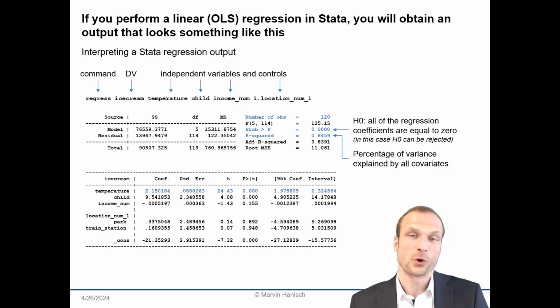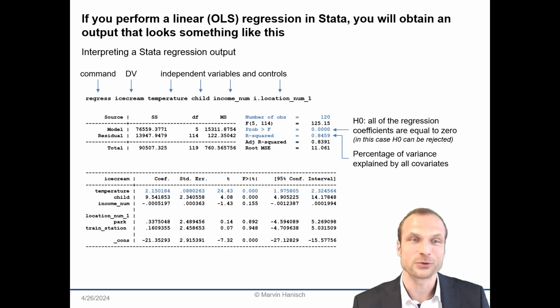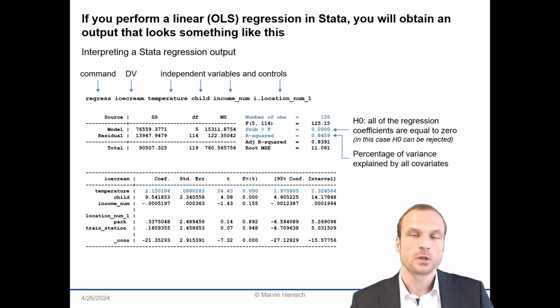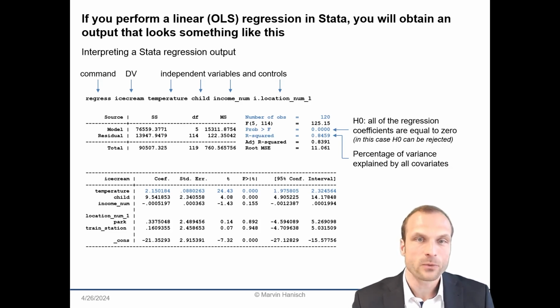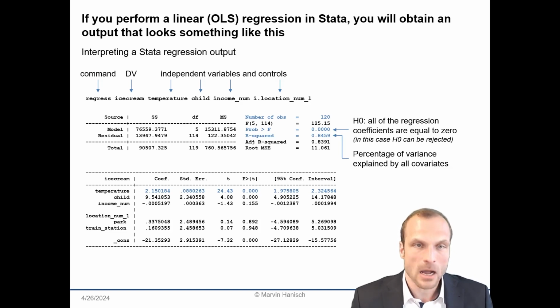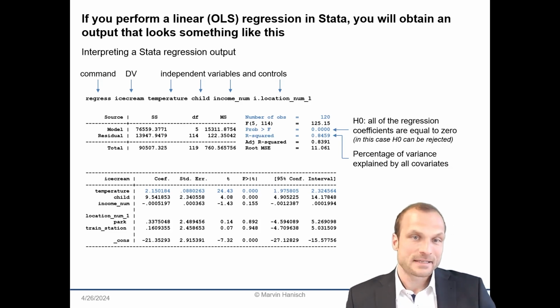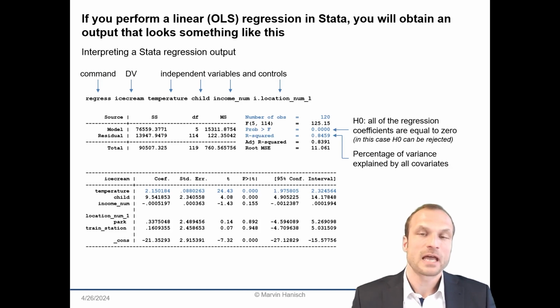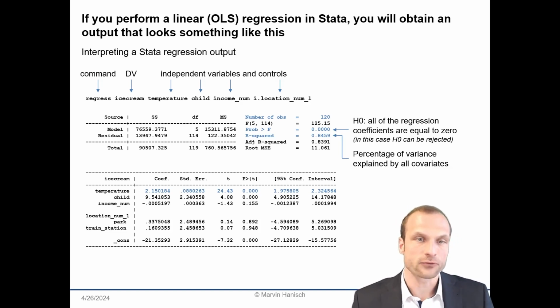And you should also note that as you add more explanatory variables or covariates to your model, the R-squared will automatically increase no matter whether these independent variables and control variables actually add any explanatory power to your model. As a correction for this problem, we also have the adjusted R-squared value. And this value will not increase as much with an increasing number of covariates. And this may then be a better reflection of your explanatory power, actually.